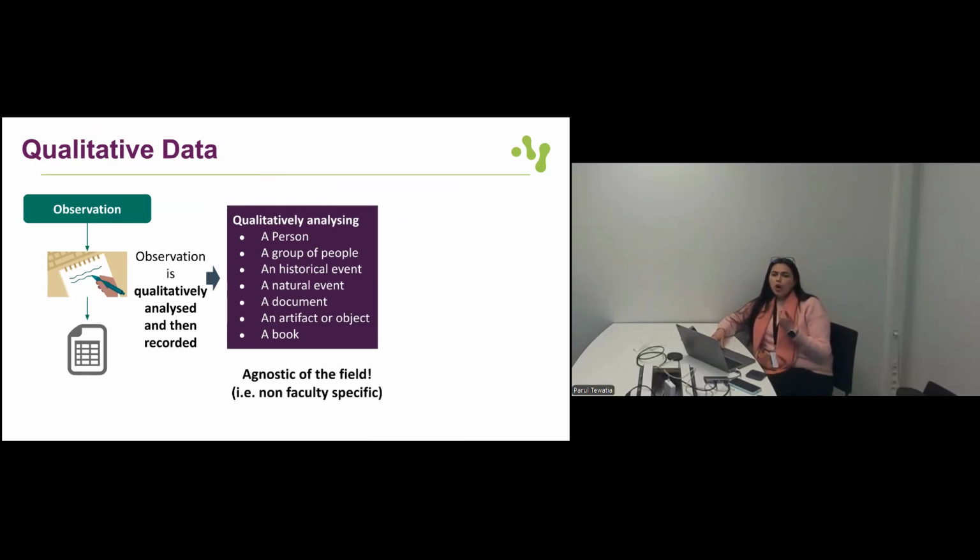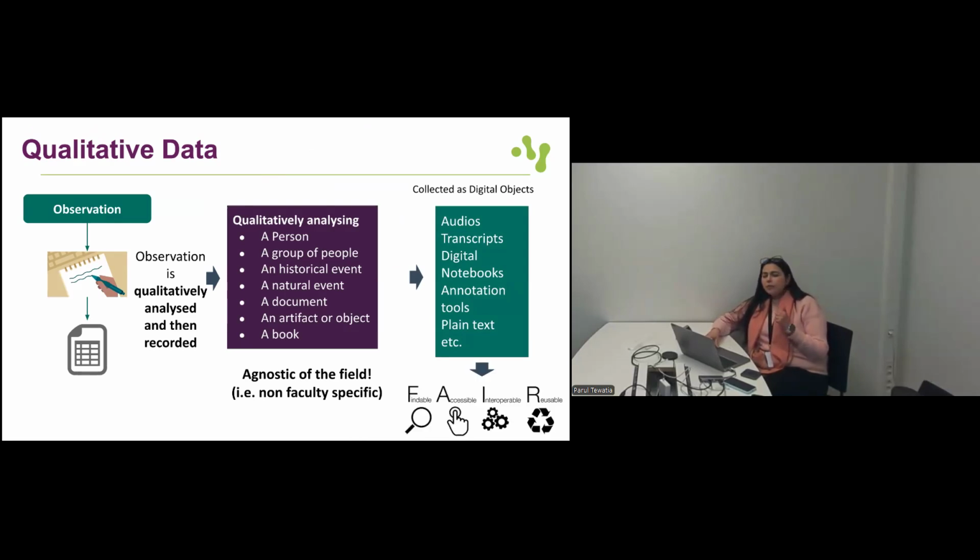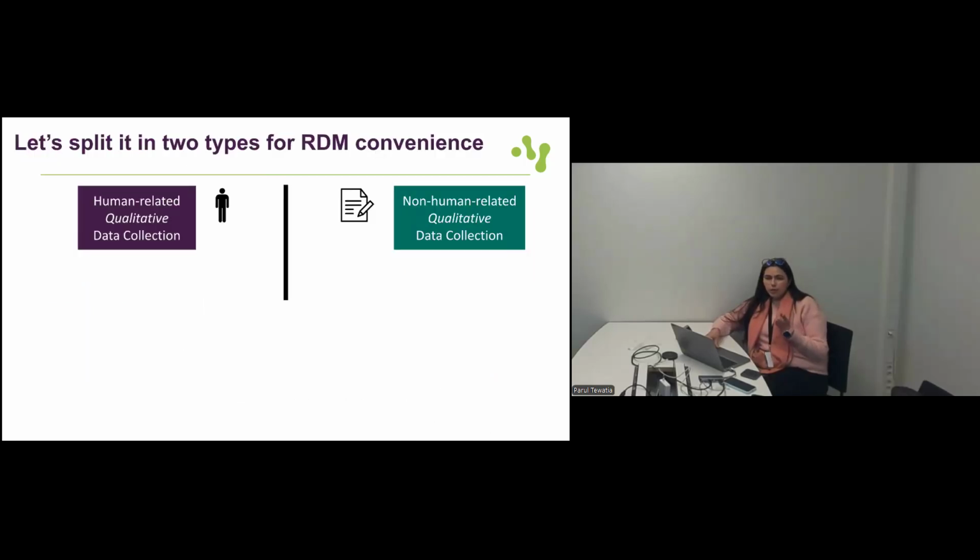So it is non-field specific, but mostly it's an introduction, which is related to any field. But more importantly, it's important to collect these things as digital objects. Why? We will come to it later. And that means you have to make it more FAIR.